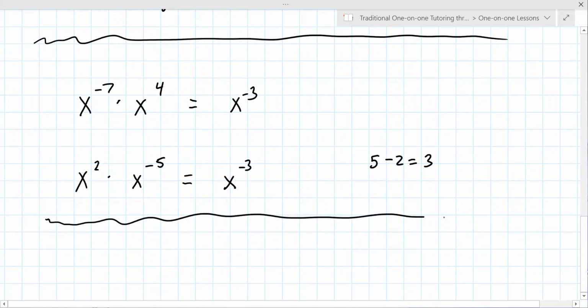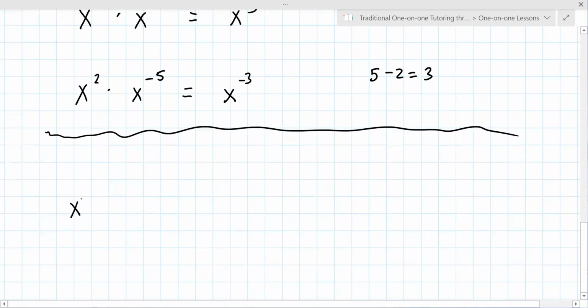Let's try some more. There's plenty of time here to get this down.